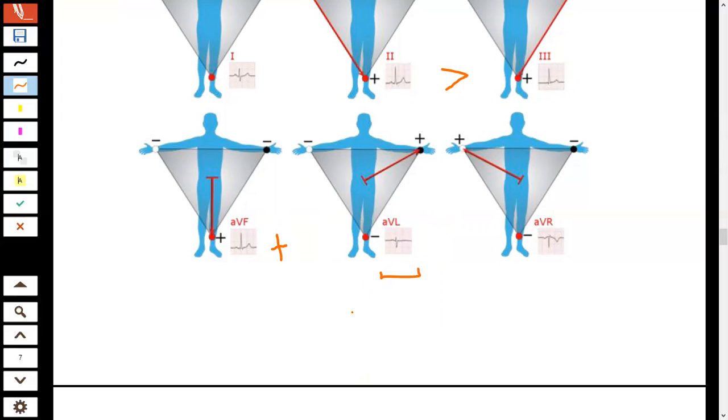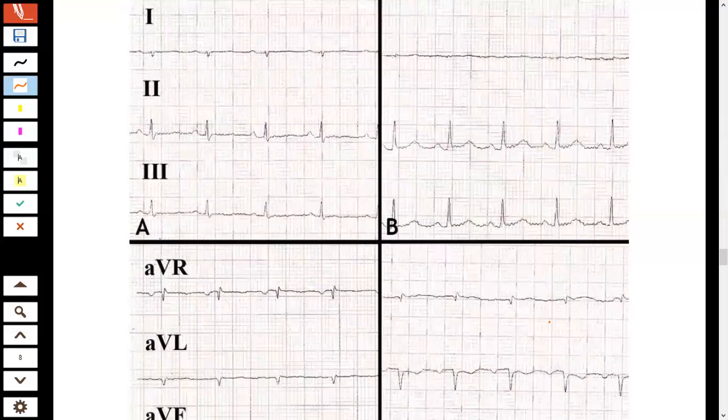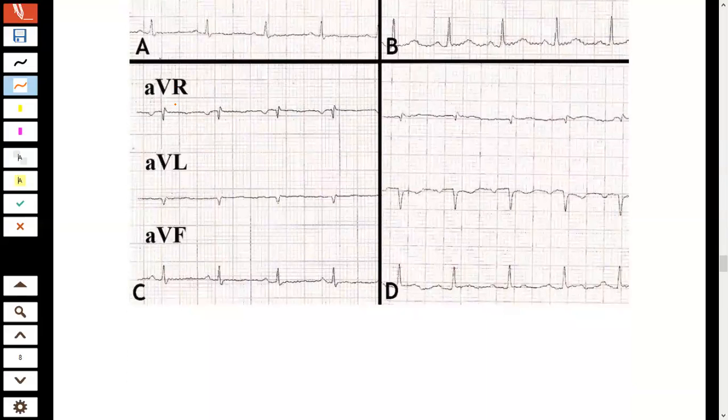Isoelectric means the current is passing in this direction, a straight direction, so we get the QRS complex equal upward and downward to the axis. And AVR has the negative deflection. So in this ECG, lead 2 has more positive deflection, AVR is negative and AVF is positive.